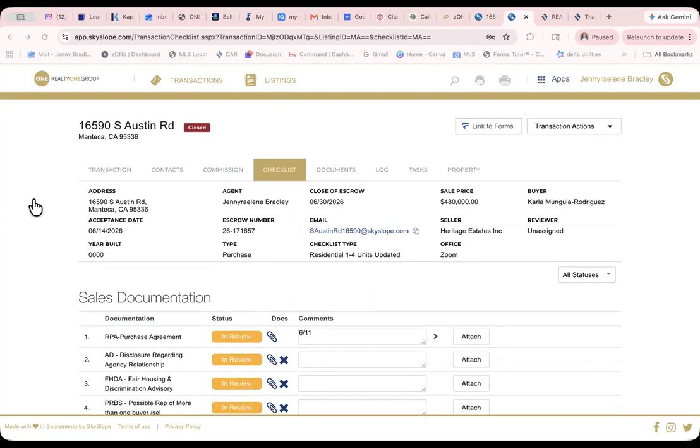Go to documents. Where's it at? All right.